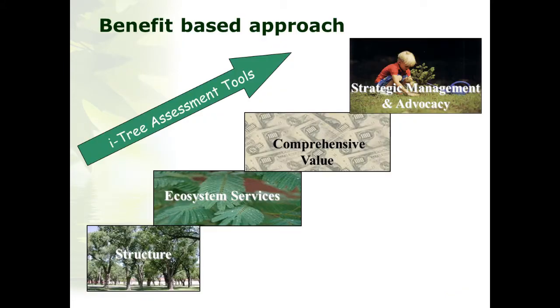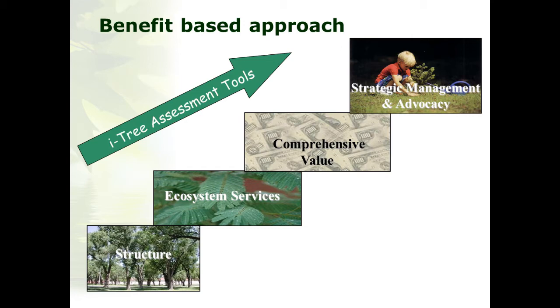The basic premise behind iTree is that it uses a benefit-based approach. For example, many communities may have a tree inventory, so they might have an idea of species and size and distribution of their urban forests. That's a great tool for managing an urban forest and developing management plans.